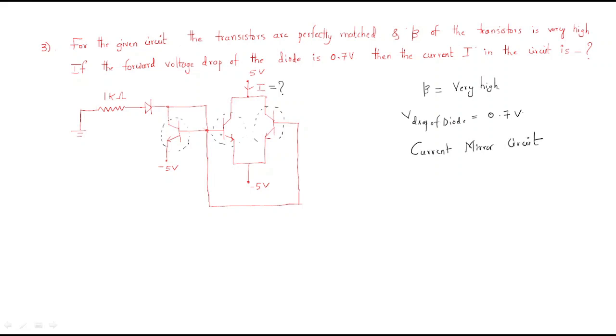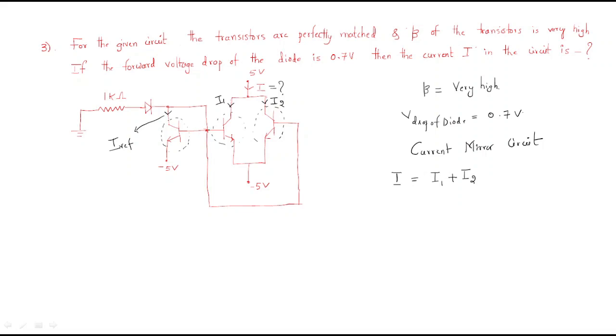So in that current mirror circuit, just take this current as I reference. This is a source, that's why this is I reference. This current will be equal to the I1 current as well as the I2 current. So the total current will be nothing but the combination of I1 current and I2 current.